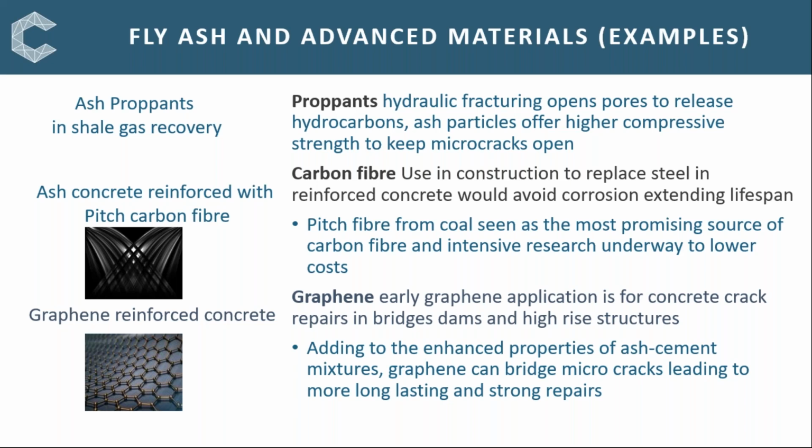And one of the more recent applications for graphene is in a material for mending potholes in roads, which is a bit of a plague around the world. There are also composite materials where fly ash can replace up to 30% of aluminium, for example, to form a cheaper but more importantly a lightweight composite panel. And these are materials used to protect armored vehicles.